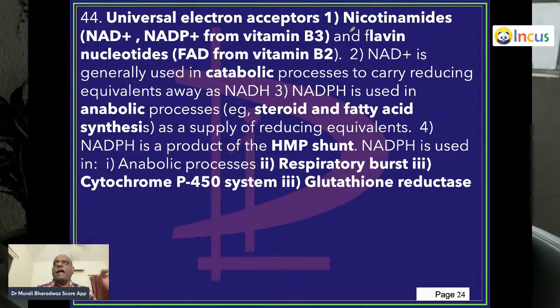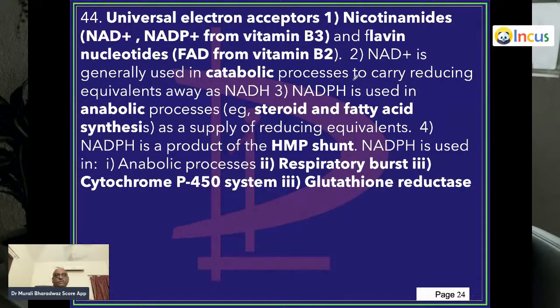Universal electron acceptors. So, nicotinamide NAD plus, NADP plus, and FAD that comes from the vitamin B2, the flavin nucleotides. Then why God created one NAD and another NADP?